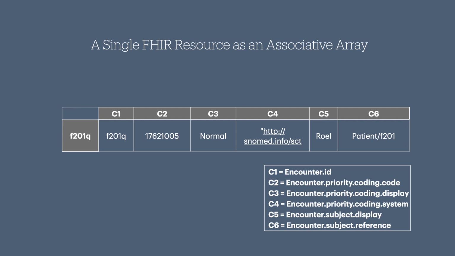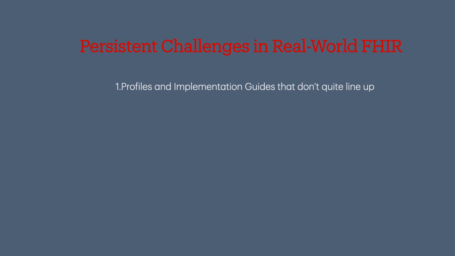In the next videos, we will use associative arrays to address some of the most persistent problems people encounter when working with FHIR in the real world. We will touch on profiles and implementation guides. They often look compatible until you try to use them together.